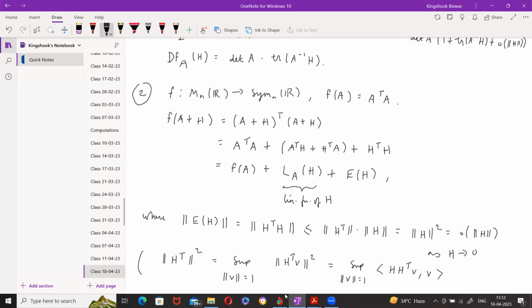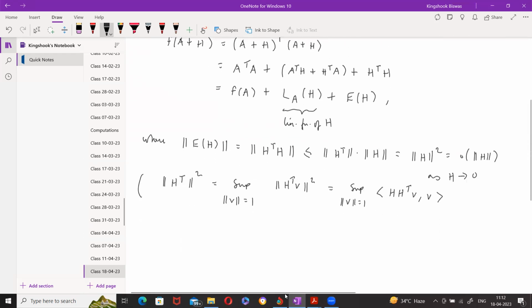Yes. And what is this? This is a quadratic form, right? Which is, I mean, the associated matrix is symmetric and positive semi-definite, right?